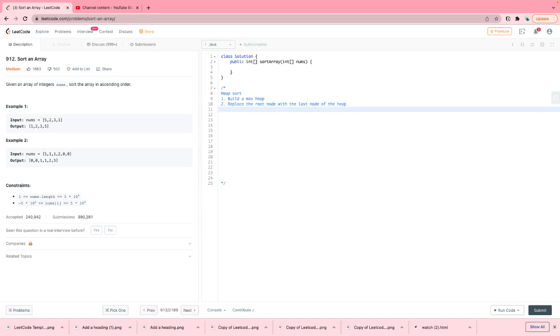And then we delete the last node from the heap. And then finally, we heapify the root.